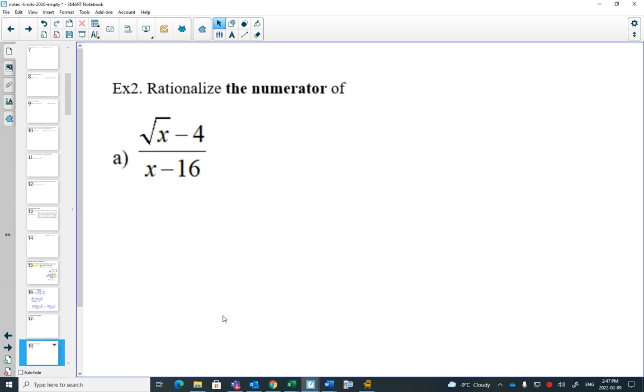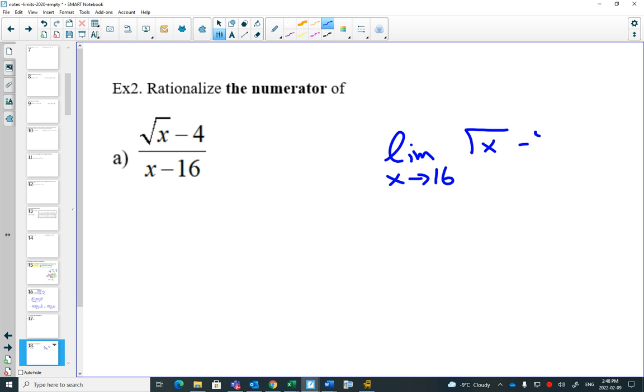Now this is the one that is really typical of what a limit looks like, okay? So we're learning it right now as rationalizing the numerator. What we're going to get to in a little bit is asking this question: what is the limit as x gets close to 16 of the square root of x minus 4 over x minus 16?